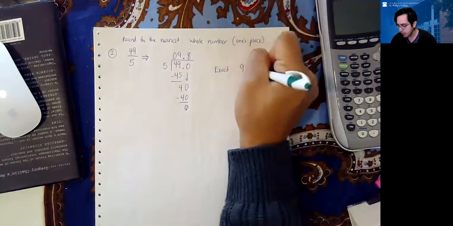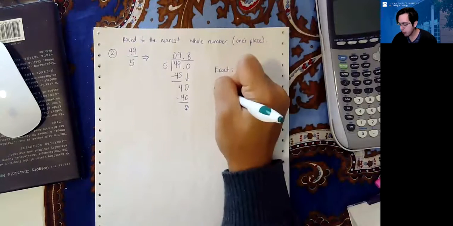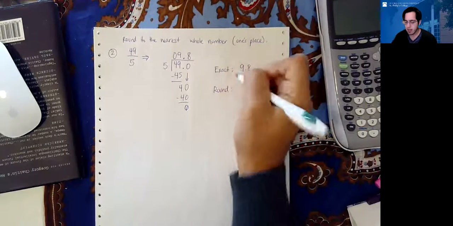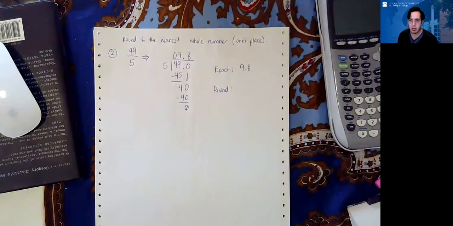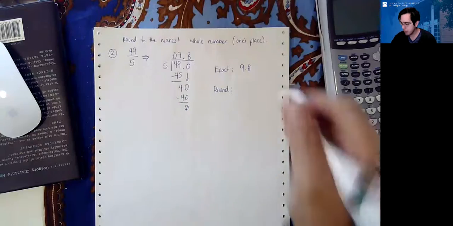So our exact answer is 9.8. But if we were to round this to the nearest ones place, or the nearest whole number, then what should my answer be? Would it be 10? Yeah, it would be 10.